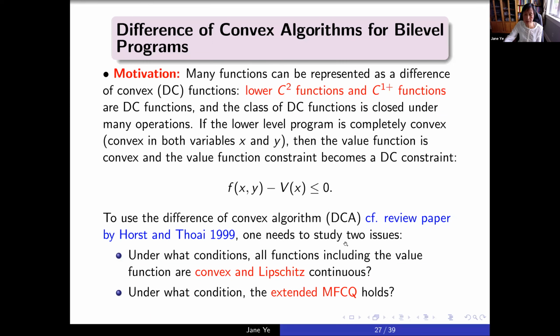But we need to study two issues. In the difference of convex algorithms, you need all functions to be convex and Lipschitz continuous, so we need to find conditions. And also we need some kind of constraint qualification, for example a so-called extended MFCQ.